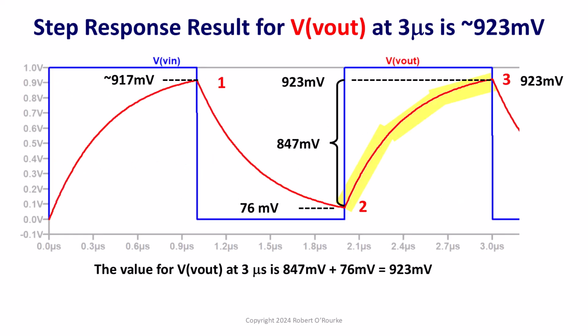Now add 847 millivolts to 76 millivolts to get 923 millivolts, the value of Vout that we expect to see at 3 microseconds. The sum of 76 millivolts and 847 millivolts is shown vertically on the graph, right by the 2 microsecond rising edge.